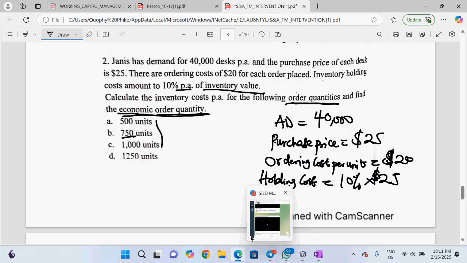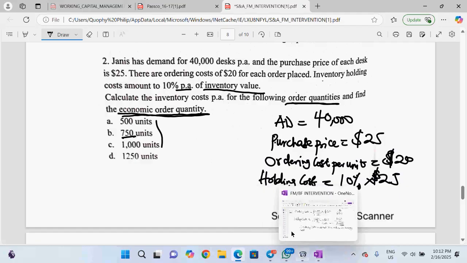It can be the best among these four, but is it actually the best? The EOQ would confirm, because the economic order quantity is the optimum quantity that gives us the least cost. So let's compute the EOQ to determine whether ordering 750 units is actually the best.